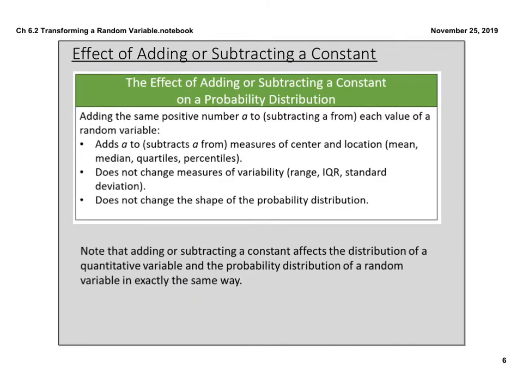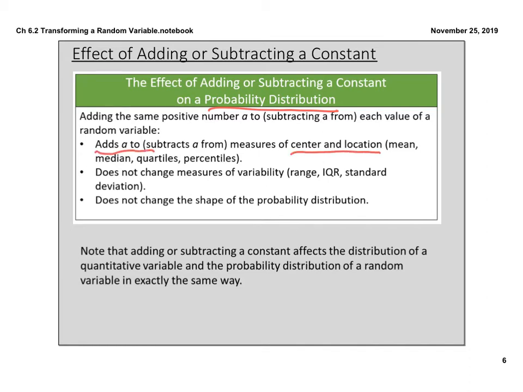So all of this is to just show you, or reinforce with you, that when you are looking at a probability distribution, just like when we looked at frequency and other data sets back in chapter 2, we talked about normal distribution back in chapter 2 a lot. When you are adding or subtracting a constant to a probability distribution, the measure of center will change.